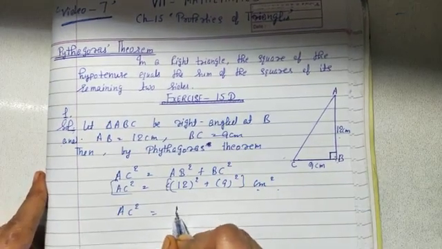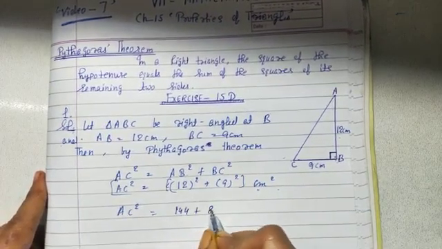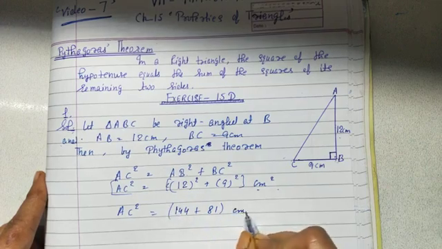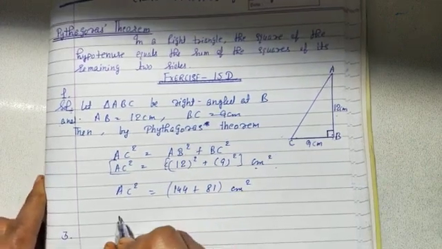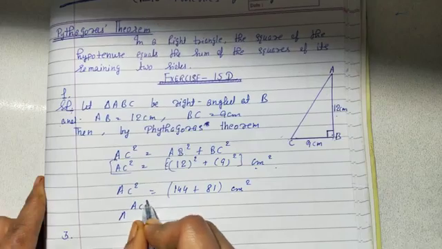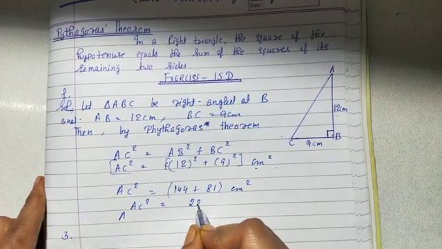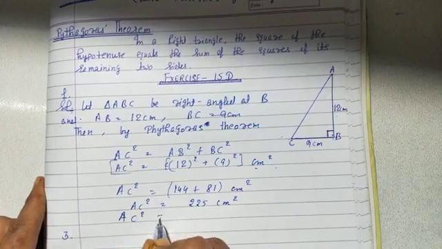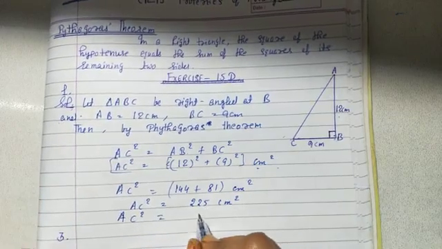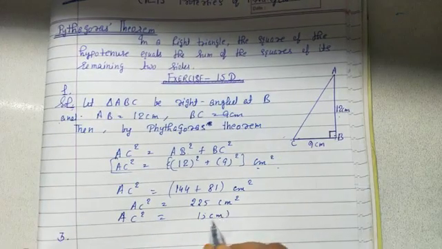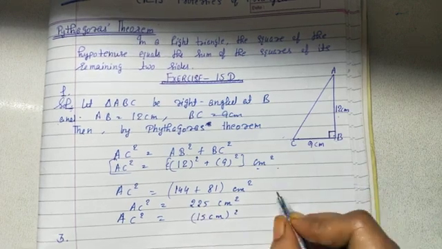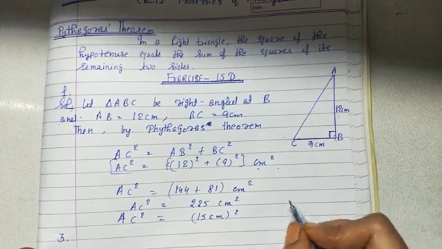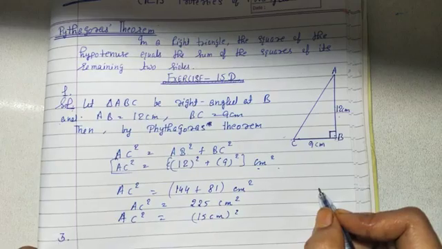AC square is equal to 144 plus 81. The next one is AC square is equal to 225 centimeter square, and AC square is equal to, factorize 225, you will get 15 square. You can find it by prime factorization.